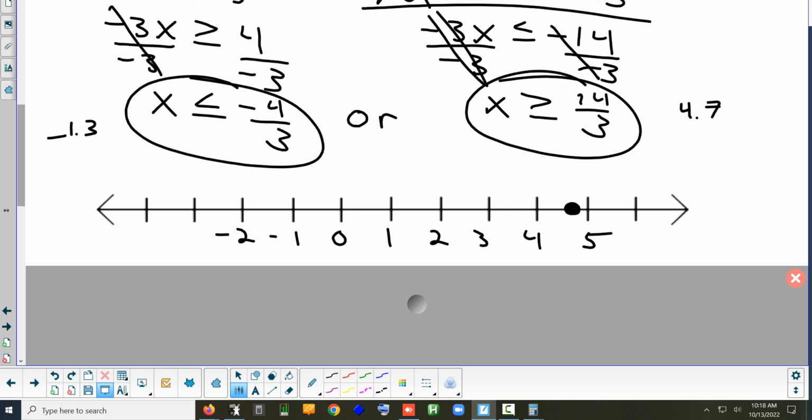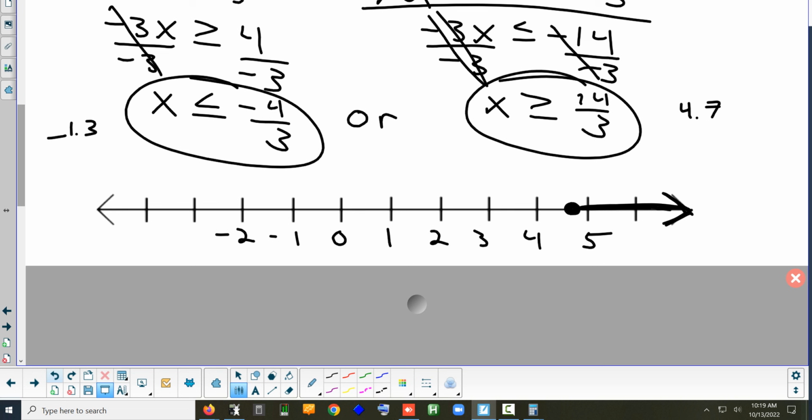Letter, symbol, number. So from there, Cadence, which way am I going to shade? So from this dot, which way would I shade? To the... So we're going to shade this way? No, to the right. We're going to shade to the right. So that's our first one.